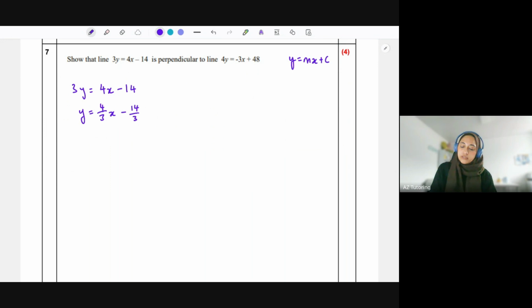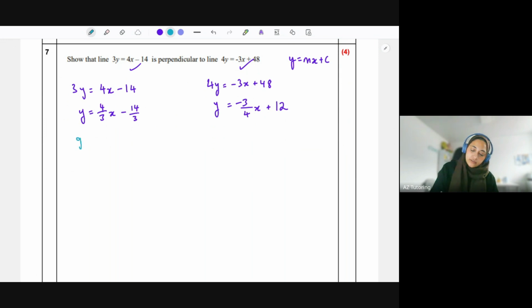Okay, so I've sorted this one out. Let's sort out this one here. 4y equals minus 3x plus 48. I need to get rid of that 4, so I'm going to divide by 4. So y equals minus 3/4 x plus 48 divided by 4 gives us 12. Okay, so done that one. So I can see the gradient for both of these now.